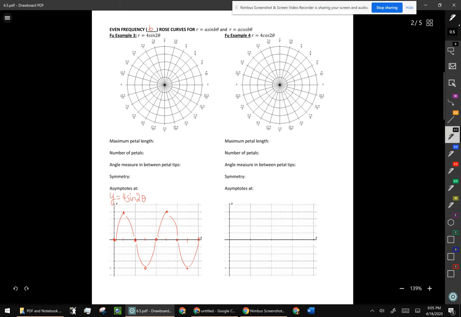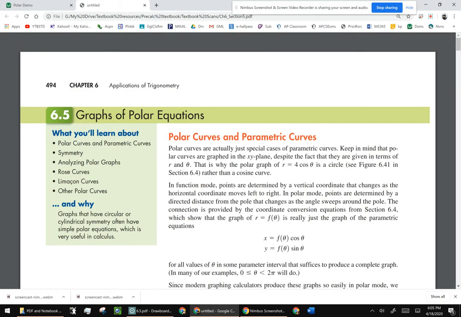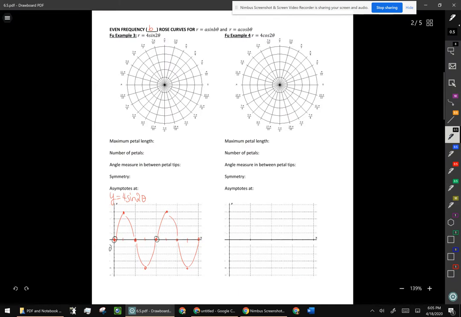These zeros are going to be important in this graph. Here's a 0 there. Here's pi. Here's 2 pi. This is pi over 2. And this is 3 pi over 2.